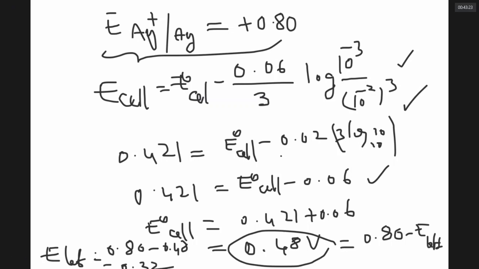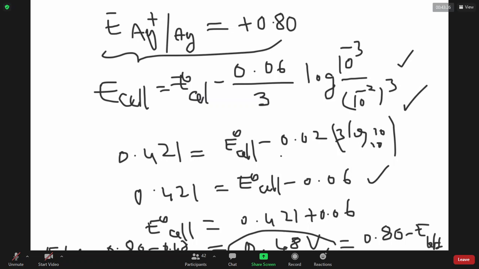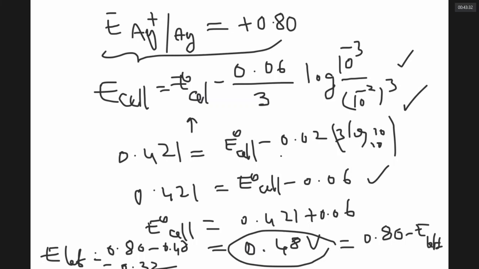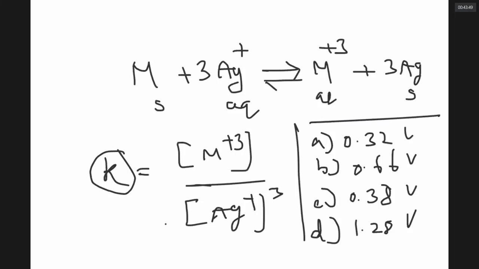Okay, sir. I did not read the problem fully. They did not ask me E0 cell. They asked me what is the electrode potential of the M plus 3 by M. We wrote the question correctly. You can see the question. This is the question they gave me.